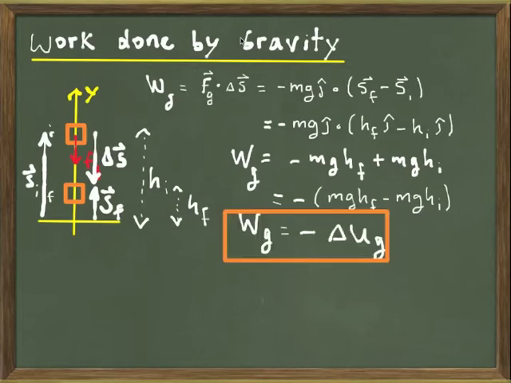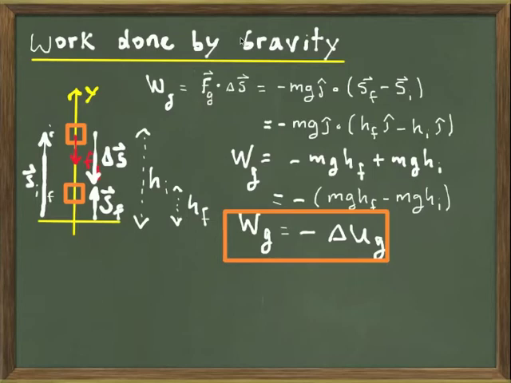The work done by gravity, if you're going down, is positive, because the force and the displacement are in the same direction. So gravity is increasing the kinetic energy of the system. So the work done by gravity on the way down is positive, so this number is going to be positive. How is that related to the negative of the change in potential energy? What happened to the potential energy when you move from i to f?